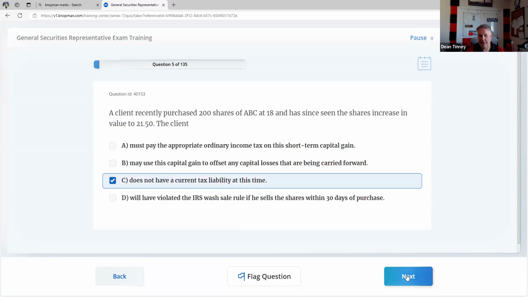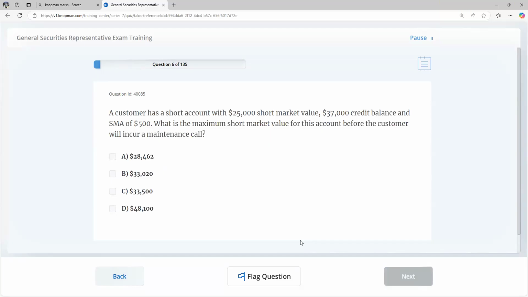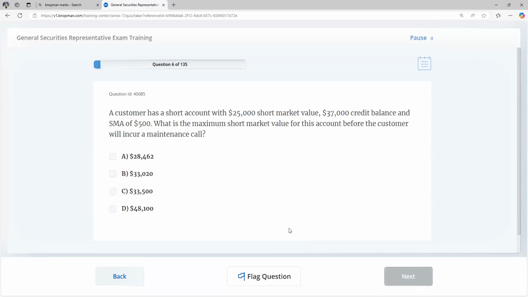A customer has a short account with 25,000 short market value and a 37,000 credit balance, an SMA of 500. What is the maximum short market value before the customer will incur a maintenance call? I just need to start doing the math on this really quickly. Short account with 25,000 and a credit balance.